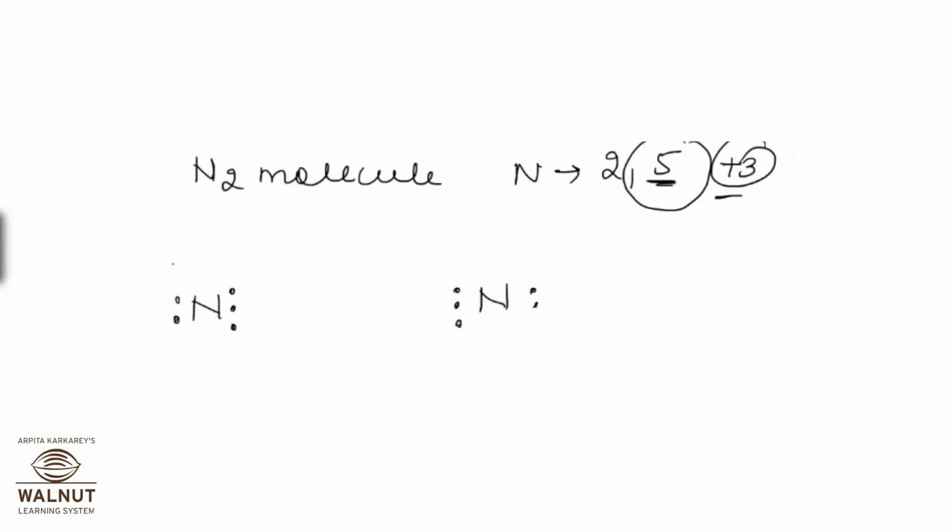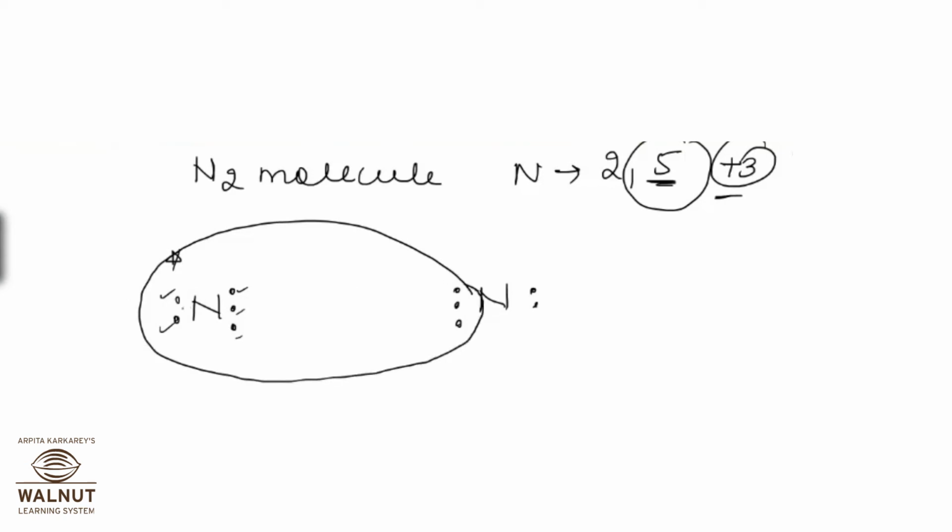So if I want to make this nitrogen stable, 5 it already has. Can it take these 3 electrons with the other nitrogen atom? Yes, can it share? So I'll do it like this, and now it has become stable. 5 it already has, 6, 7, 8. So this nitrogen is now stable.